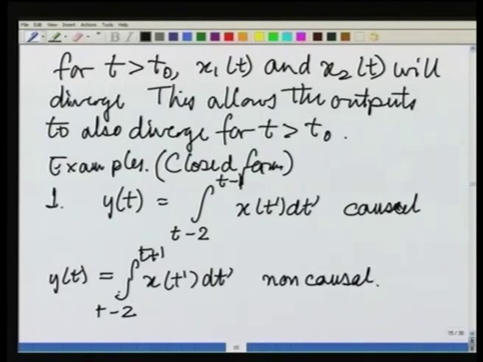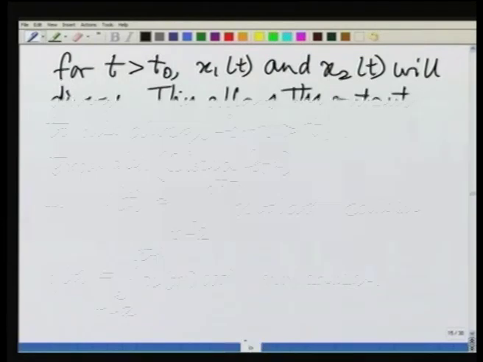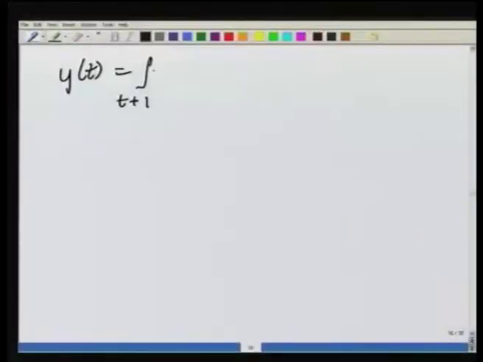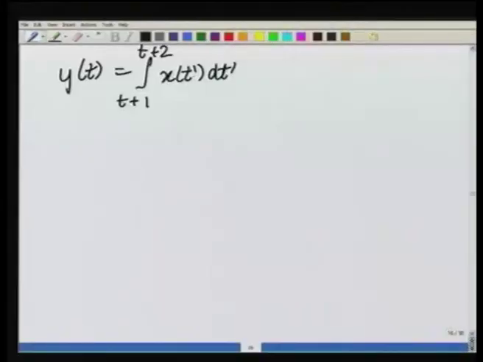Other possible non-causal modifications of the same example all these involve anticipation, knowledge of x t in the future. All these therefore become non-causal systems.